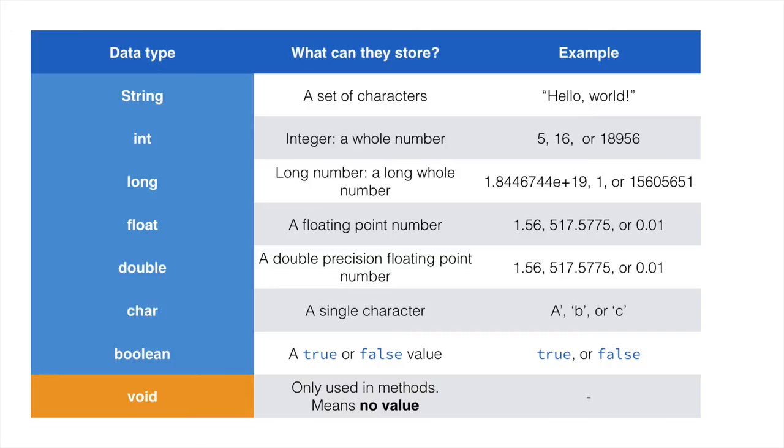So overall, we have string, int, double, char, and Boolean as our main data types. And we have long and float as data types we do not use that often. And void is only used in methods. This table is going to be really important for you for the first couple weeks. Let's have a look at some examples in code.